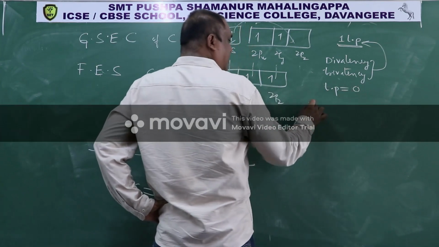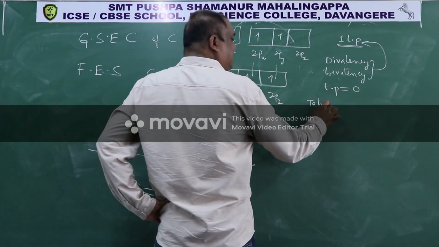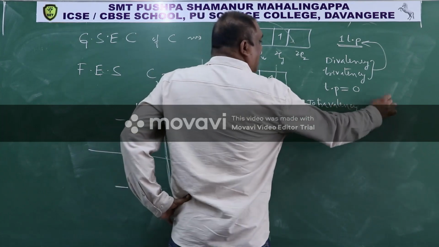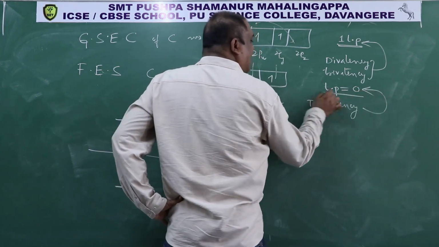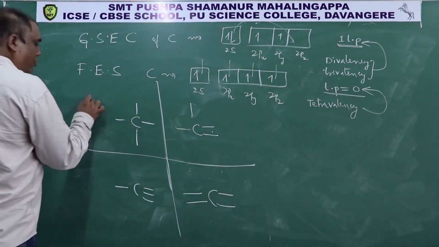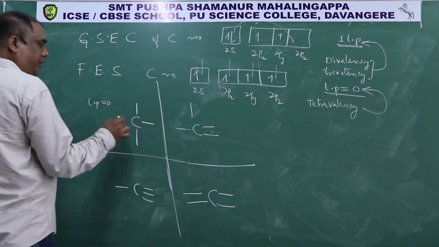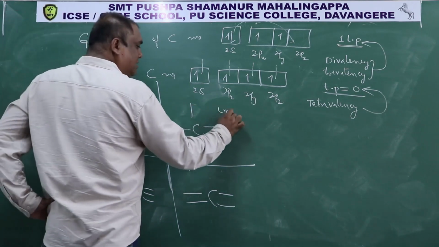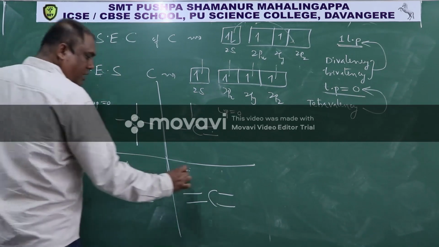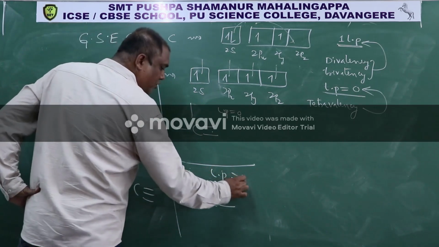It means whenever carbon exhibits tetravalency, then in that carbon number of lone pairs are 0. It means here lone pairs 0, here lone pairs 0, here lone pairs 0, here lone pairs 0.